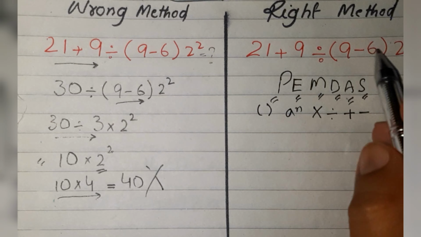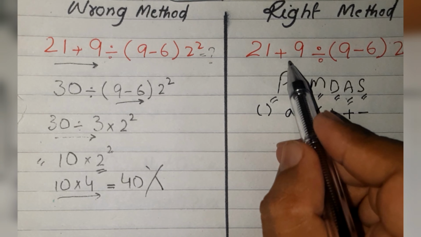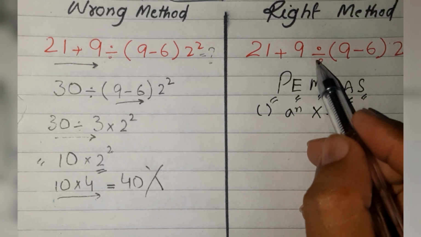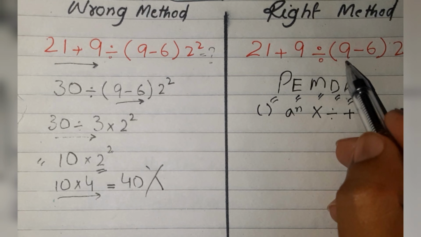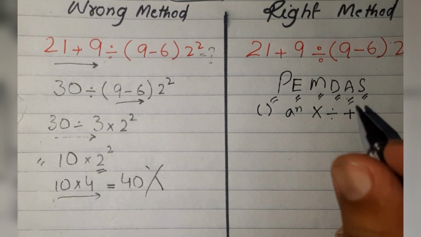As you can see on the screen, in this expression first there is addition, then division, then parenthesis, and finally here is the square. It means exponent.